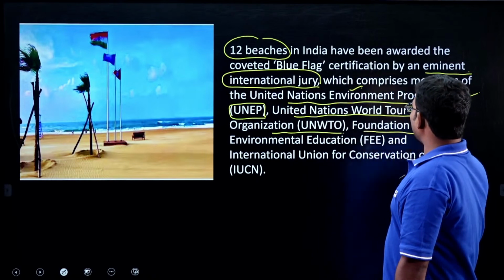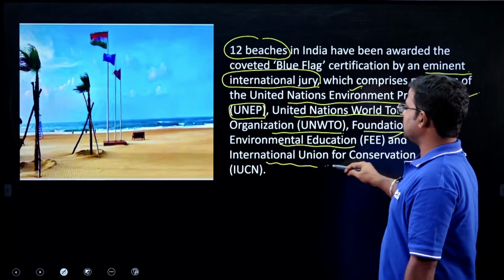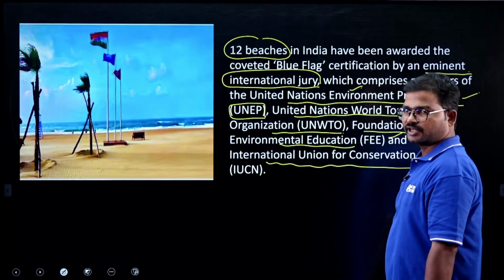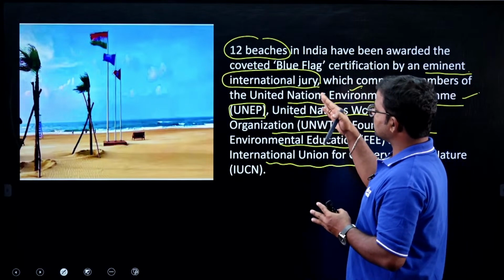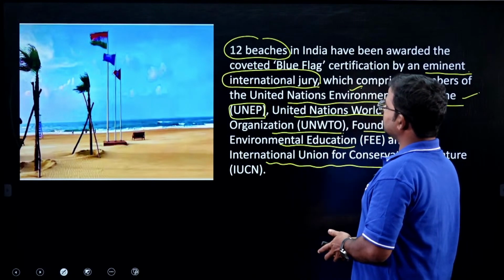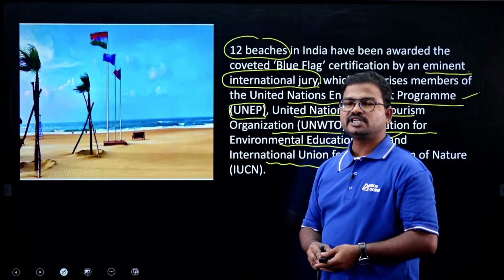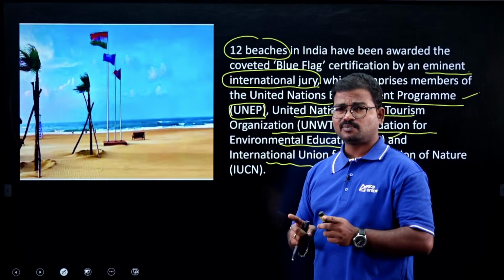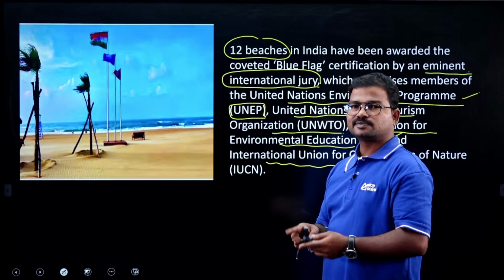Next, the Foundation for Environmental Education. And the last one, IUCN, the International Union for Conservation of Nature. These are the major bodies in the international jury that award the Blue Flag. So up to now, we have 12 Blue Flag awarded beaches in India.